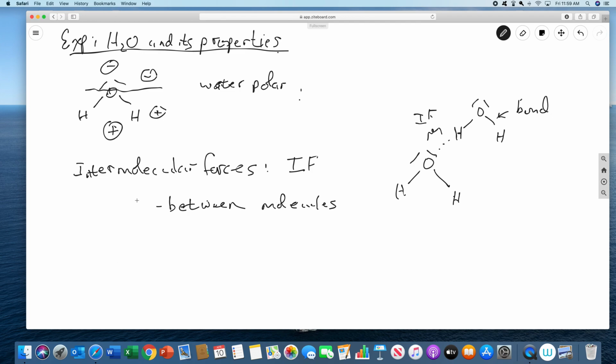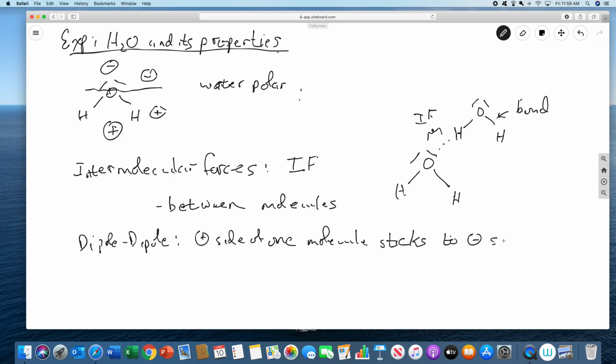Now, intermolecular forces come in a couple of flavors. Basically, there are what are called dipole-dipole interactions. A dipole-dipole interaction is when the positive side of one molecule sticks to the negative side of another.